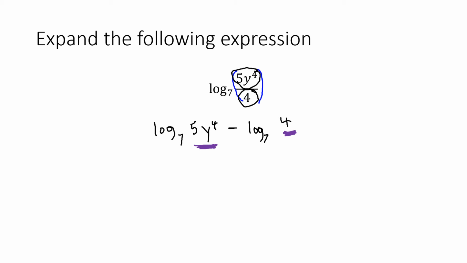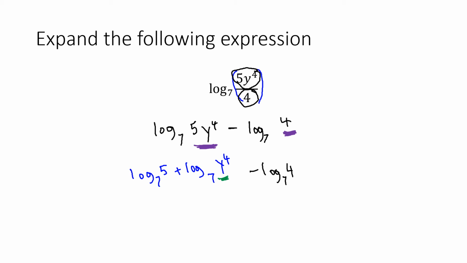Let's use the product property first. We can rewrite that as log base 7 of 5 plus log base 7 of y to the 4th. The second part, we're going to keep exactly how it is because we can't break that down any further. So we check again and notice that this y to the 4th as an argument has a power in it, so we can use the power rule.